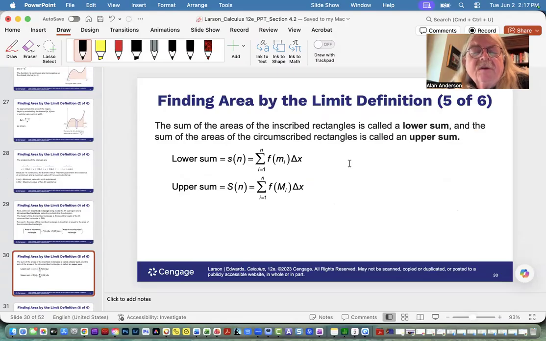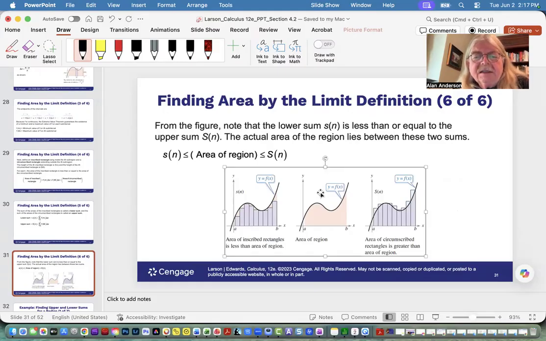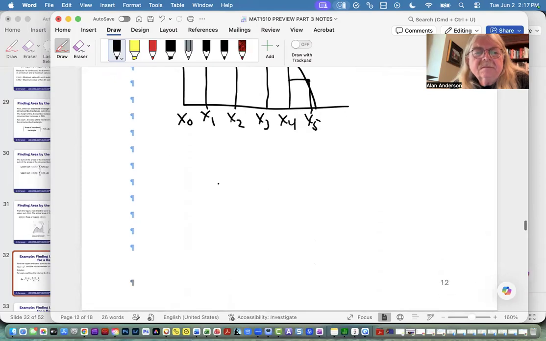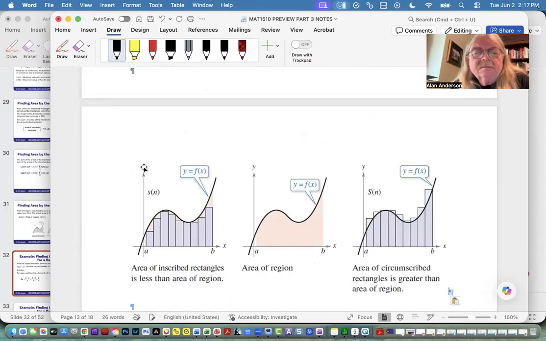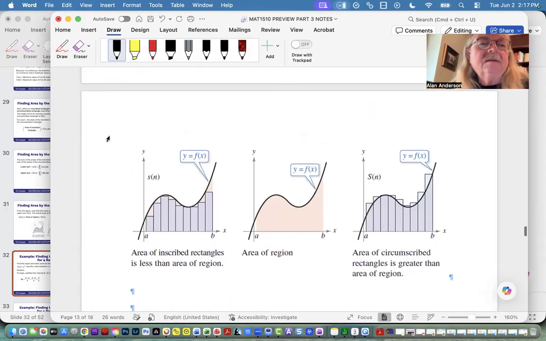Now they're also going to refer to the sum of the rectangles on the left as the lower sum and on the right as the upper sum. And so you can see where they're going with this. The lower sum, Sn, is here.